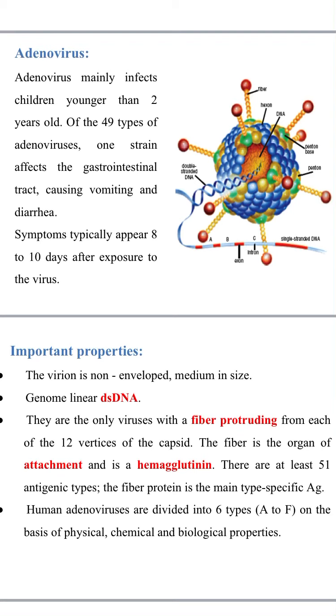The fiber is the organ of attachment, and it is considered a hemagglutinin. There are at least 51 antigenic types. The fiber protein is the main type-specific antigen. Human adenoviruses are divided into 6 groups on the basis of physical, chemical, and biological properties.